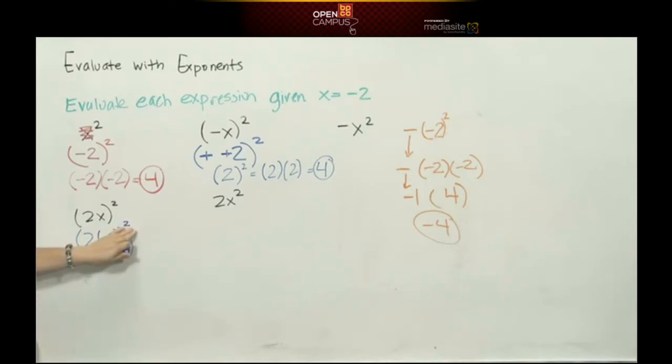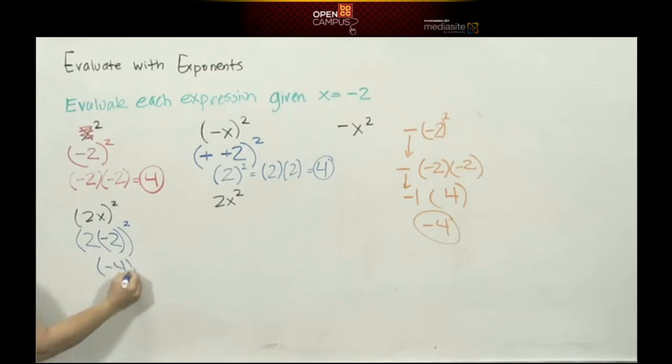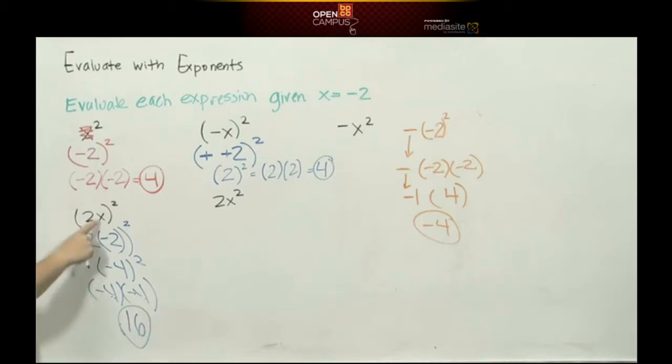We're not going to square yet because we're going to do what's inside, and we can do inside. 2 times -2 is -4.